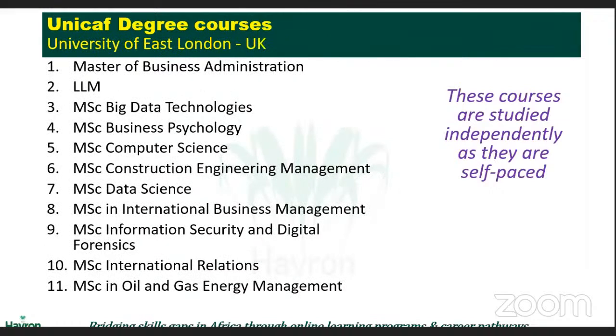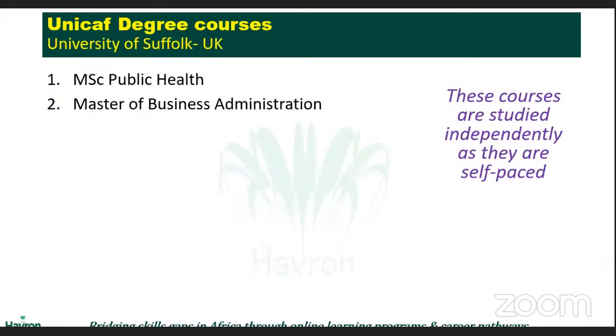This is also from UNICAF, but this one is University of East London. These are their various courses that you can get through Havron. For all these courses, you can get between 75 and 80% discounts, or scholarship rather.